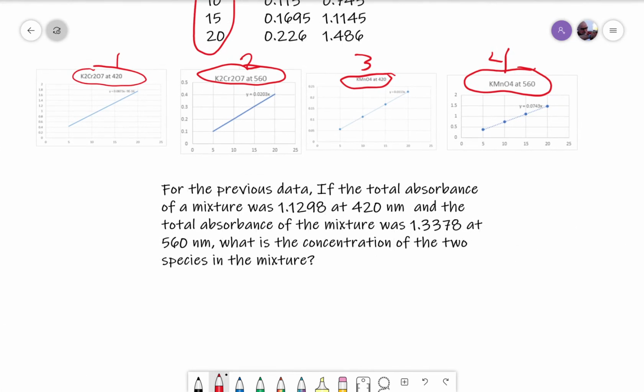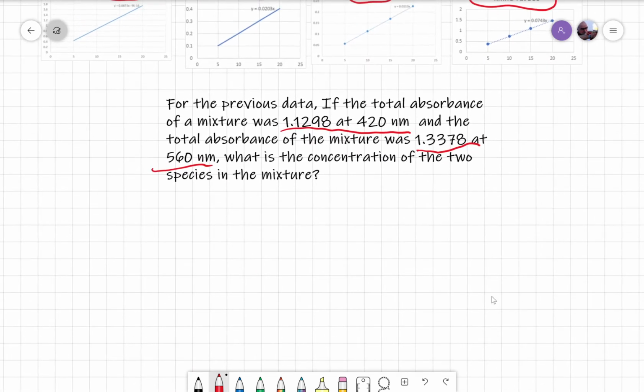So, if for the previous data, the total absorbance of the mixture was 1.13 at 420 nanometers and 1.34 at 560 nanometers, now instead of solving for just one of the concentrations, we can solve for the two of them simultaneously.